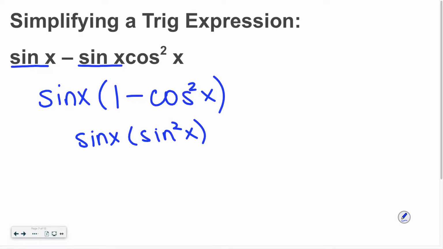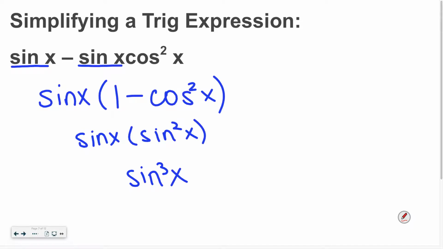So what do we have? We have sine cubed. Do I need to talk about this again? Yeah. Okay.